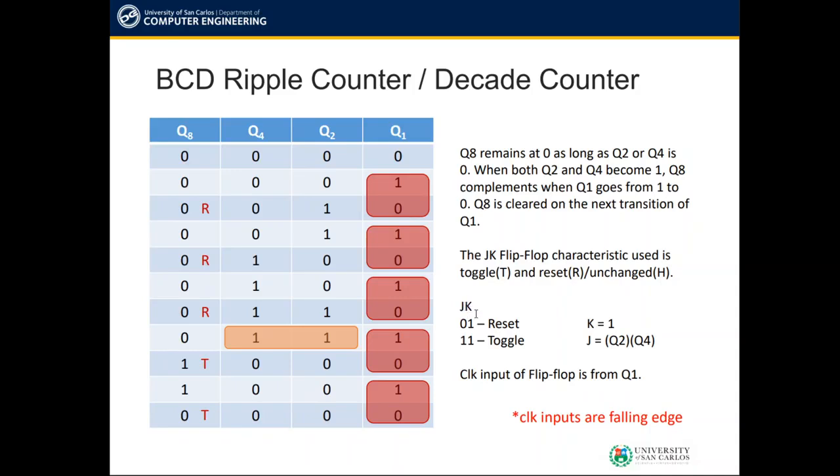And then for your J, there are two values to be accommodated, either 0 or 1 inputs. The condition is that every time Q1 goes from high to low, the inputs Q2 and Q4 must both be 1. So the equation used here is Q2 and Q4. When this is 1, 1 and Q1 goes from high to low, it toggles the output of your Q8.